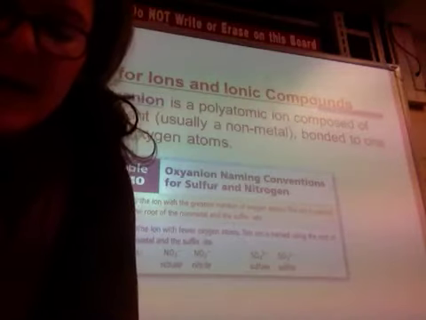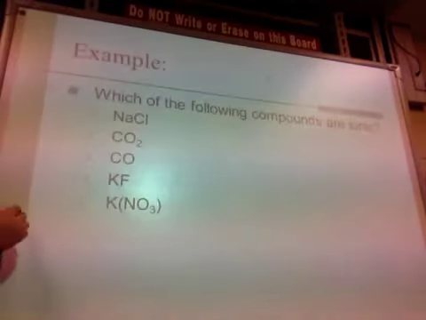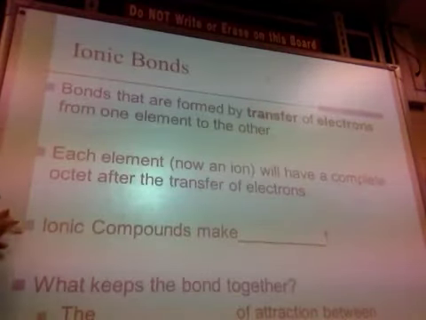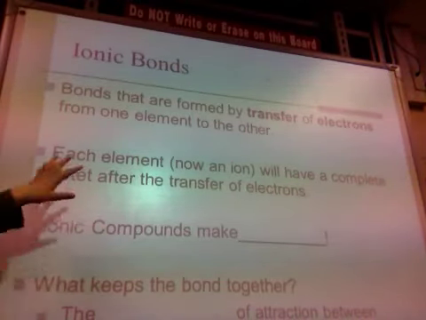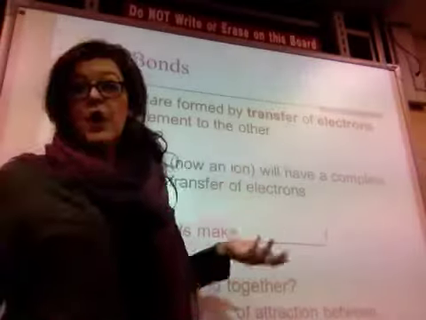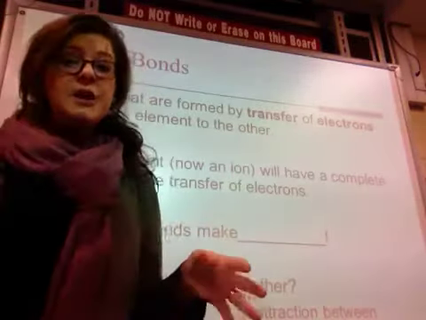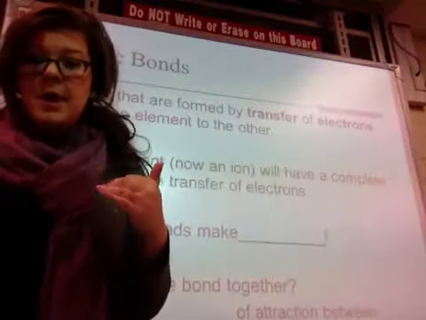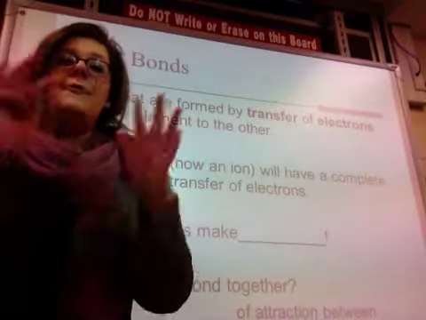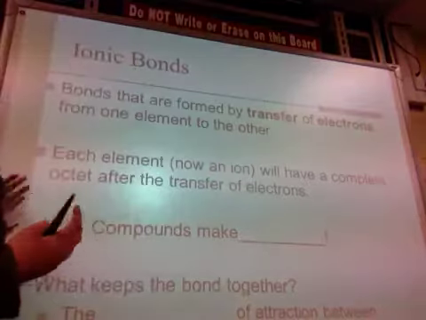Pretty simple. Now, I want to move on and go back to talk about ionic bonds. So we know that ionic bonds are bonds that are formed by a transfer of electrons. So we have electrons that are actually leaving an atom and moving to another atom, and they're doing that to make a full octet. We want this complete octet.